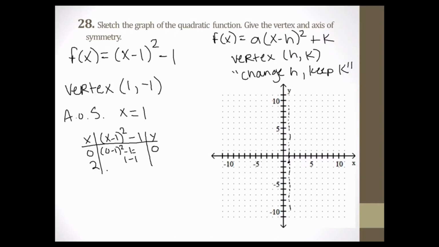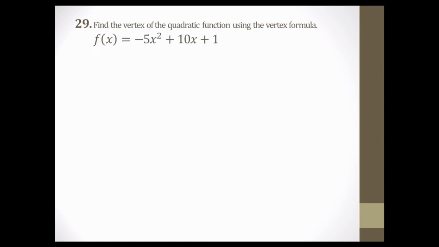And then I have (2 minus 1) squared minus 1. 2 minus 1 is 1 squared minus 1, so that equals 0 as well. So when x is 0, y is 0. That's one point there. And when x is 2, y is 0. That's another point here. So I can sketch my graph. And you can always get more points by choosing more x values and plugging into your table to get other values. All right, let's look at 29.